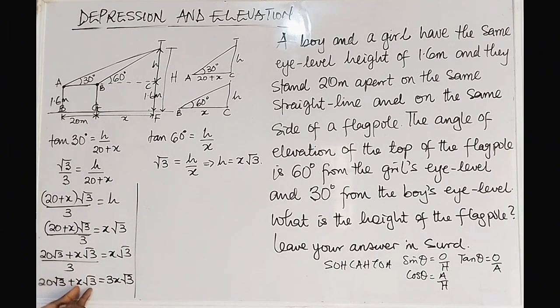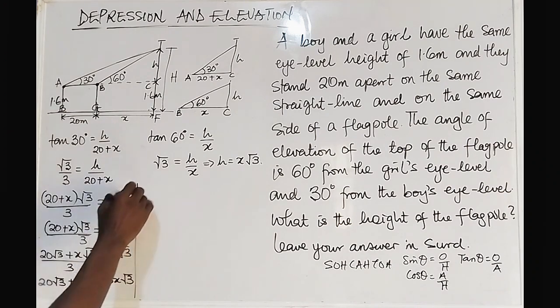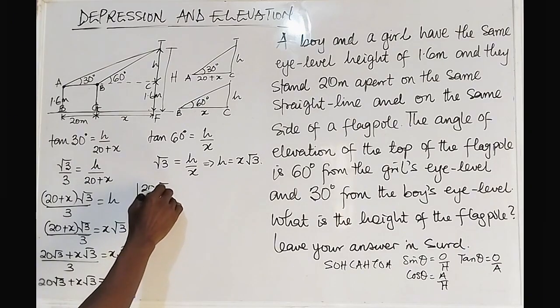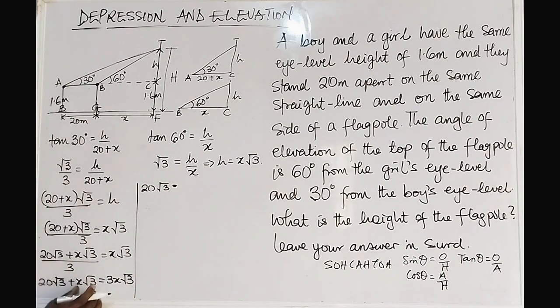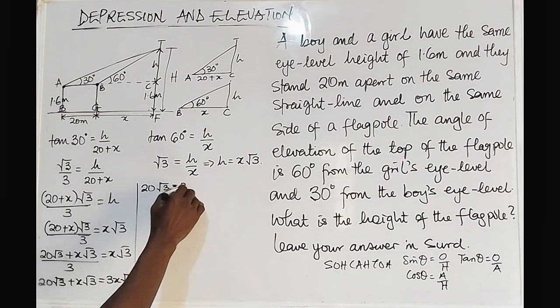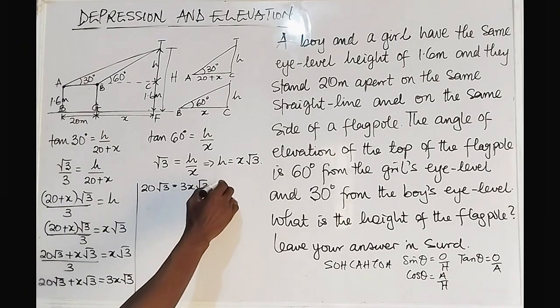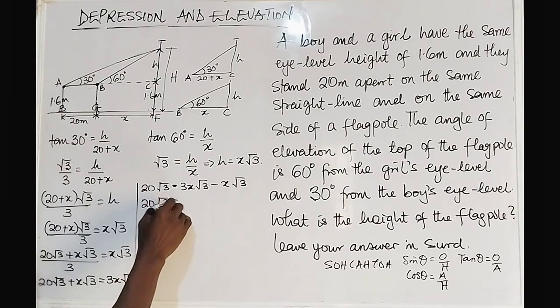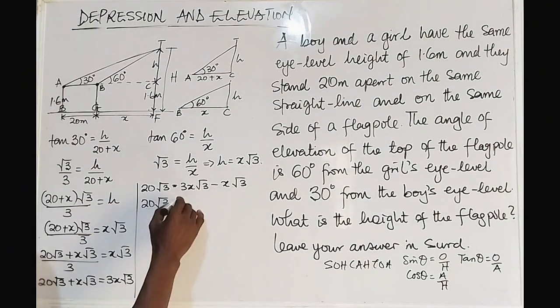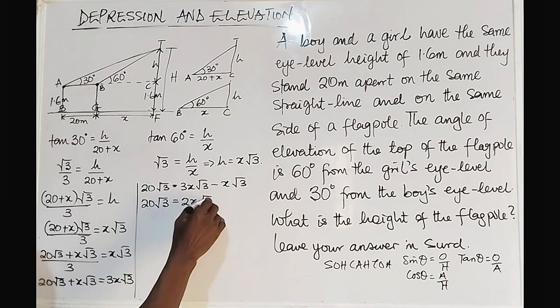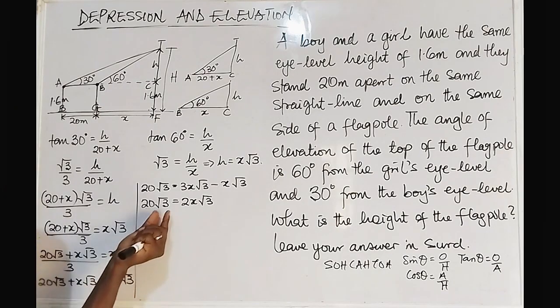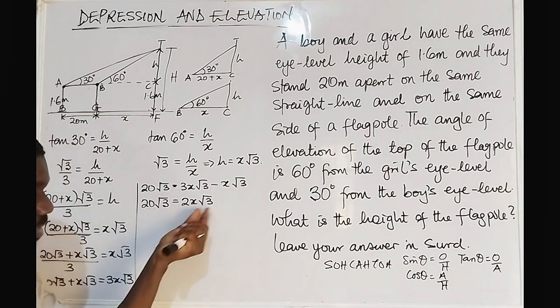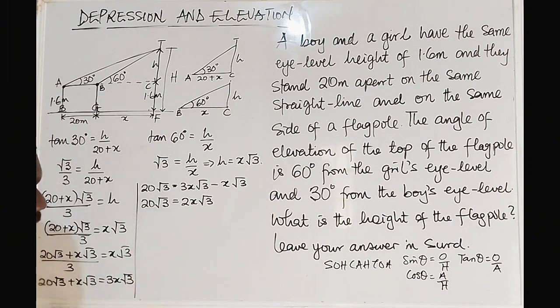Now subtracting X root 3 from both sides, you have that 20 root 3 equals 3X root 3 minus X root 3, which will give us 2X root 3. And if you look at this now, you're going to see that we have root 3 here, root 3 here, then 20.